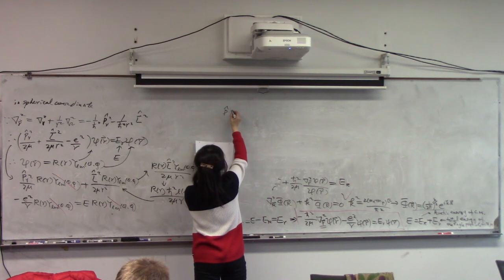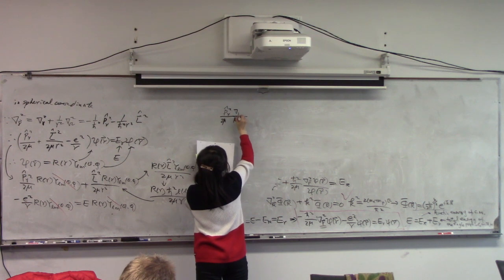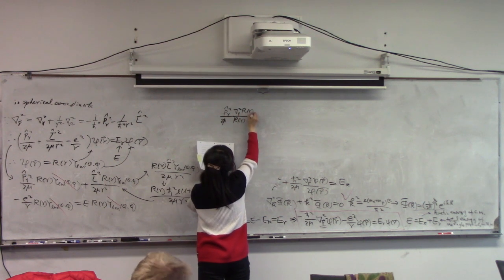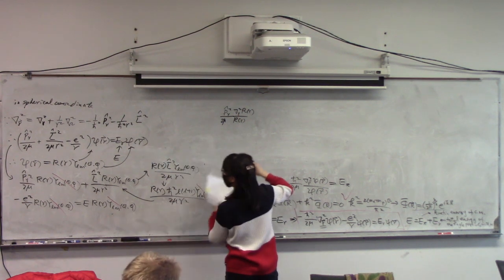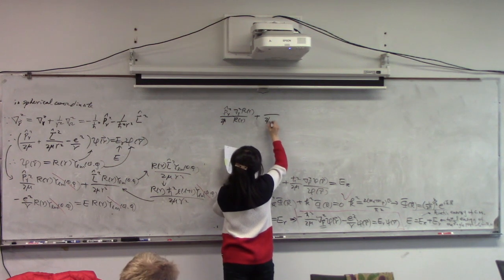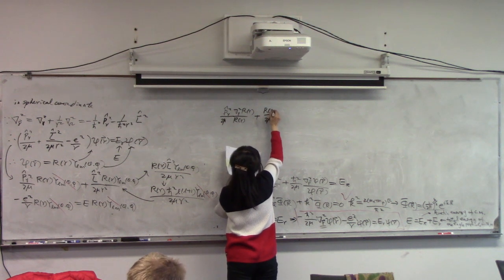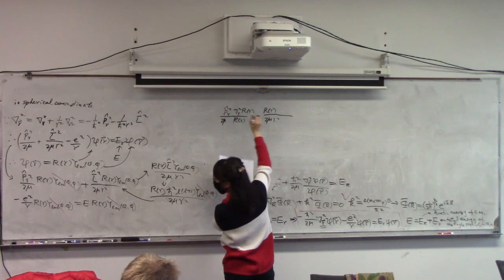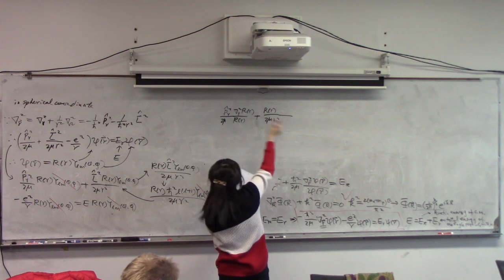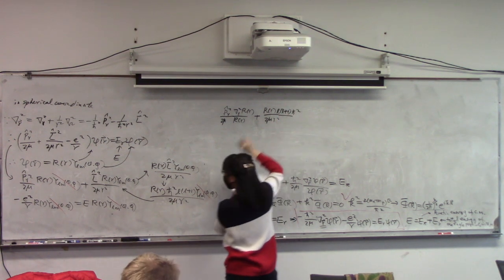If you remember what P_R is, then we have the first term, P_R squared over 2 mu. The second term is only a function of R, so 2 mu R squared, L times L plus 1 H bar squared, right?